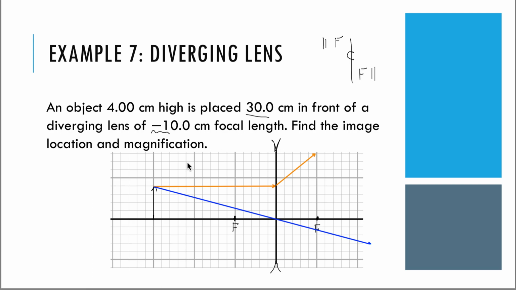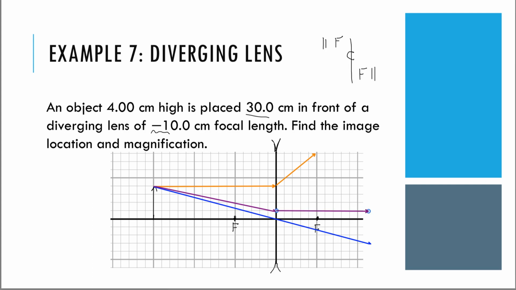But as soon as it hits the lens, it's going to refract parallel to the optical axis. So we draw a line that tries to go all the way here, so we know the slope of that line. We can see that it's hitting the lens right here. As soon as it hits the lens, we want to have it emerge parallel. So it's going to go off that way. So those are our 3 rays.